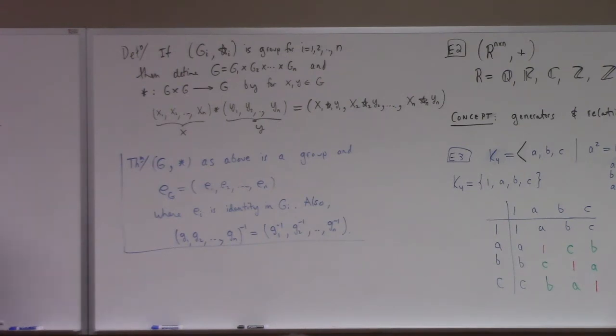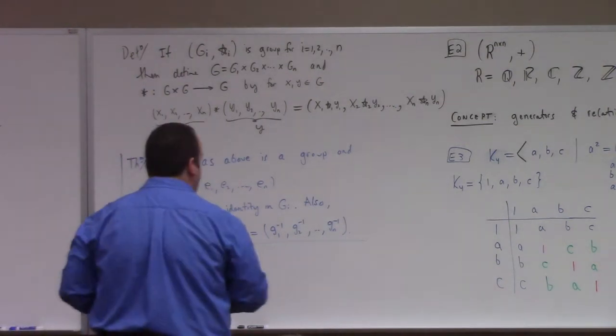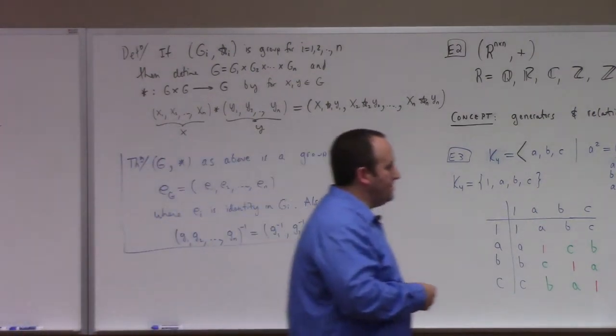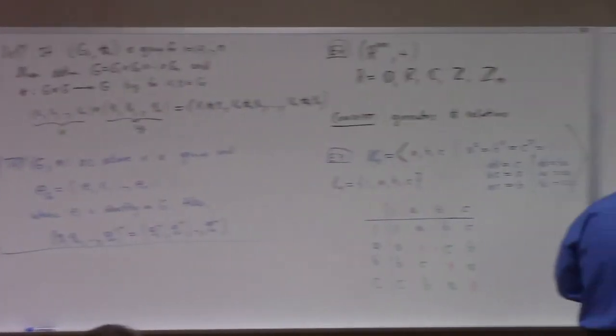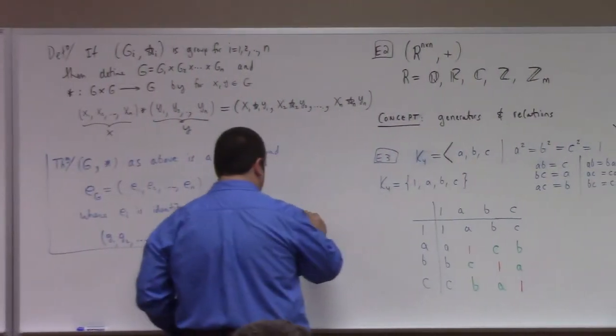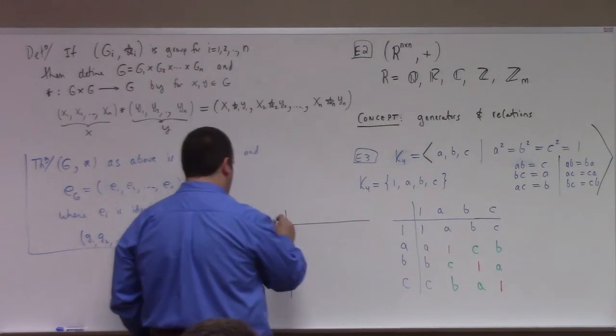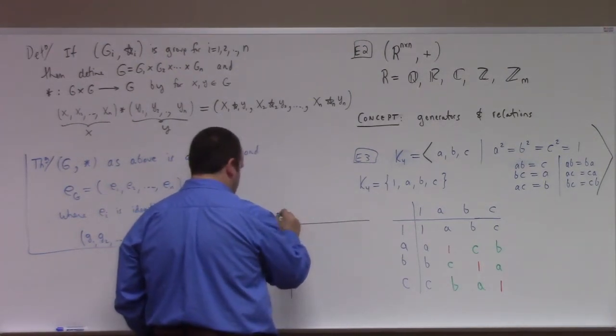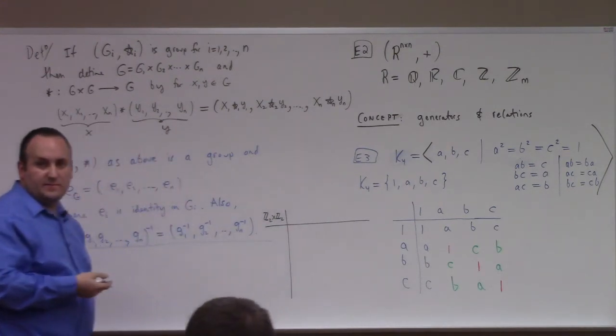Anyway, so this is the direct product of groups. An important direct product to look at would be, here's one. Example 7: Z2 cross Z2, under addition, of course.